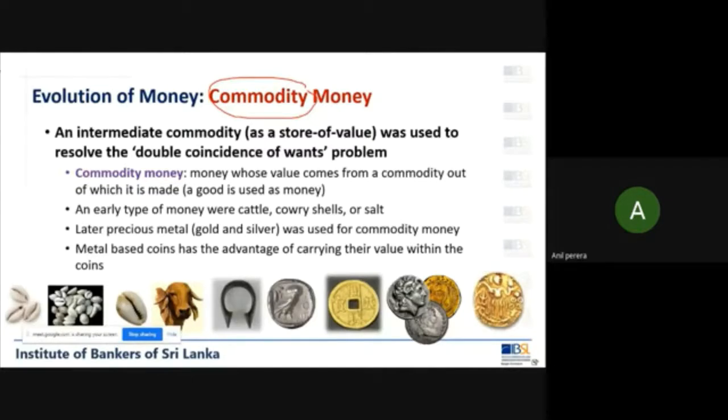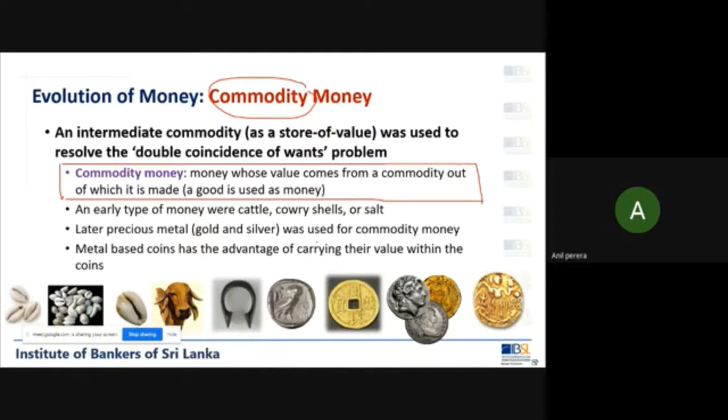So you define commodity money: money whose value comes from the commodity out of which it is made. The value of that money is dependent on the commodity itself.